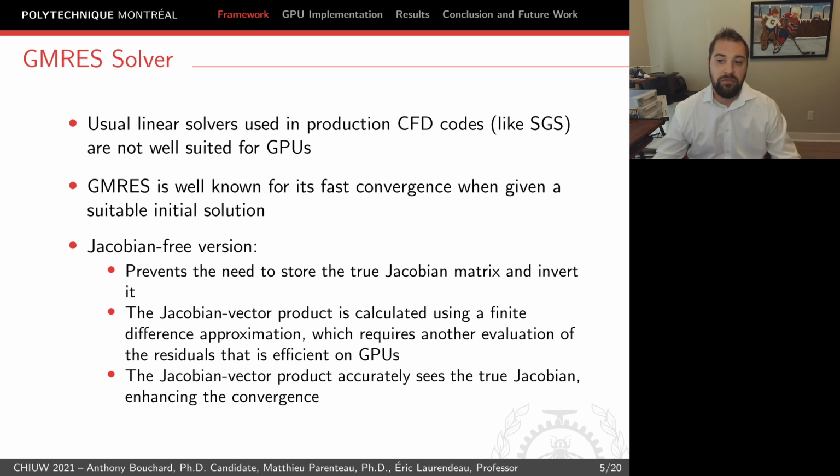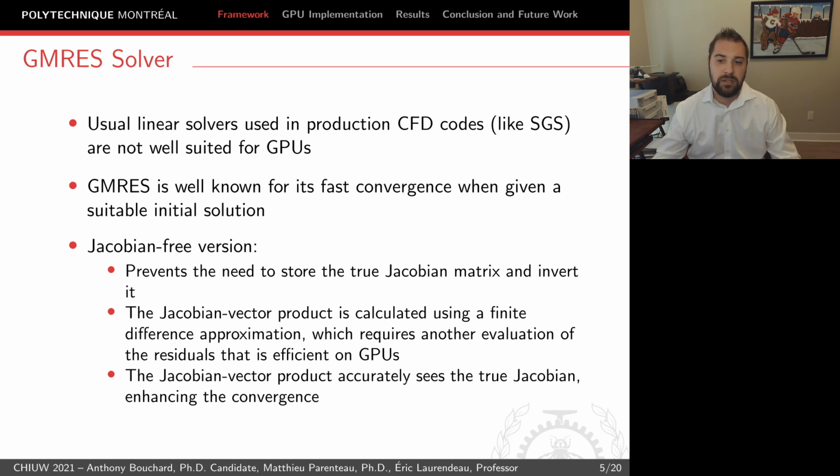However, the Jacobian-free version of the GMRES solver exploits the fact that only the effect of the Jacobian on a vector is needed. This prevents the need of explicitly assembling and inverting the true Jacobian. Instead, a Jacobian vector product is calculated using a finite-difference approximation, which requires another evaluation of the residuals that can be efficiently computed on GPUs.